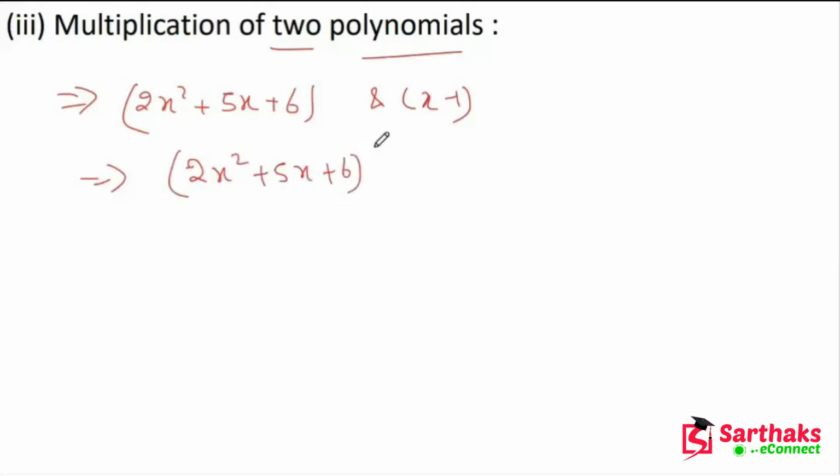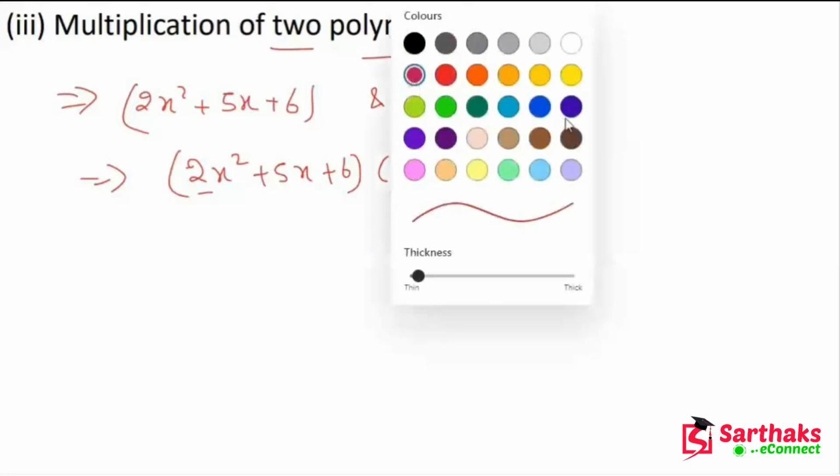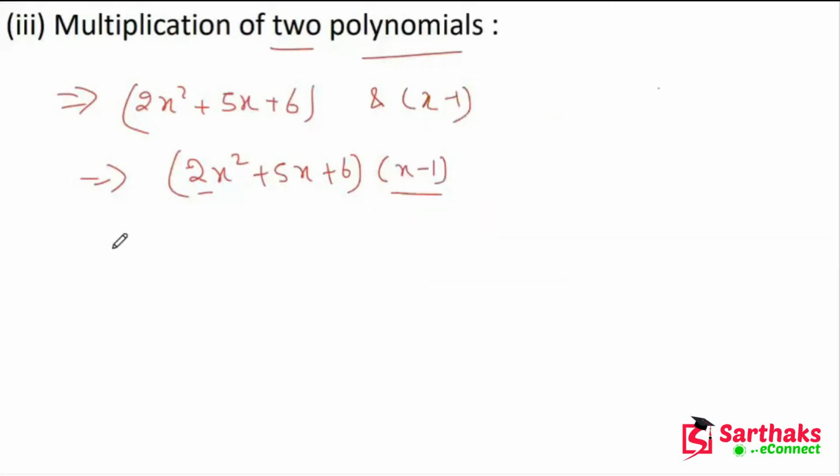into x minus 1. In this case, every term of the first polynomial is multiplied by the second polynomial, like 2x square times (x minus 1) plus 5x times (x minus 1) plus 6 times (x minus 1).